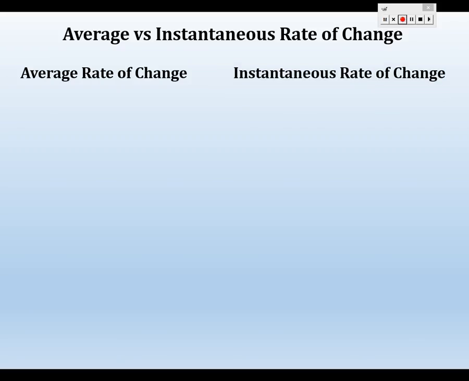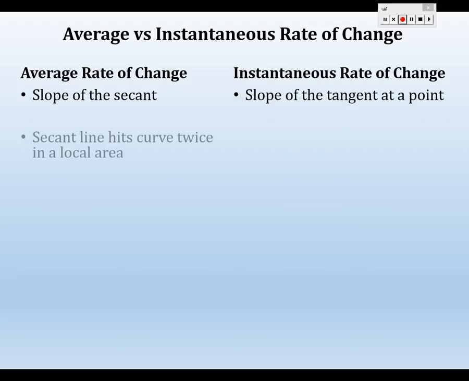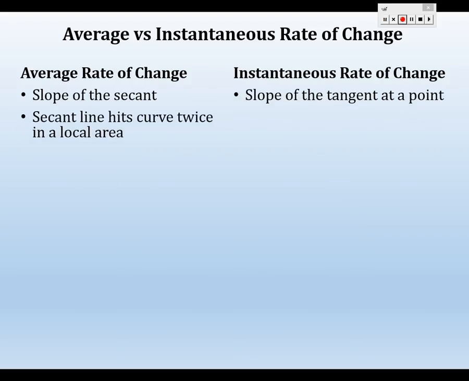Just to kind of capstone where we are here, we've talked about two big ideas over the last day and a half now. Average rate of change versus instantaneous rate of change. Slope of the secant versus slope of the tangent. A secant will hit the curve twice in a local area. I want to add that piece because obviously a tangent line could hit a curve somewhere else a second time. But in the local area, it only hits the curve once.